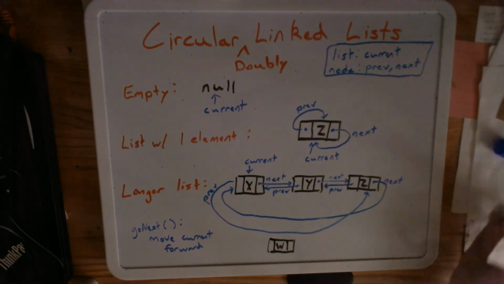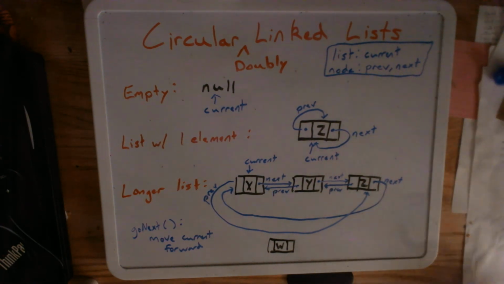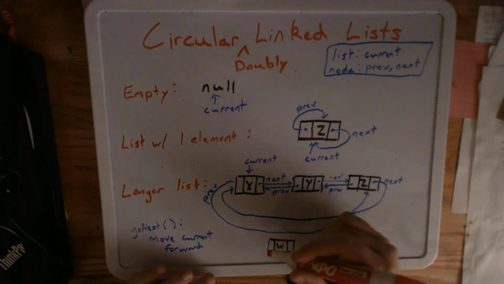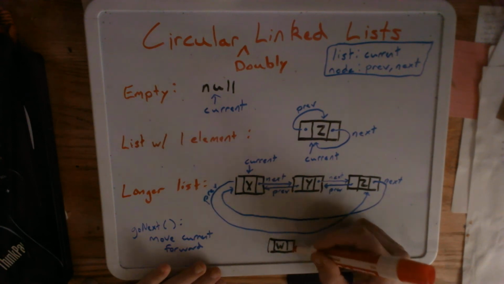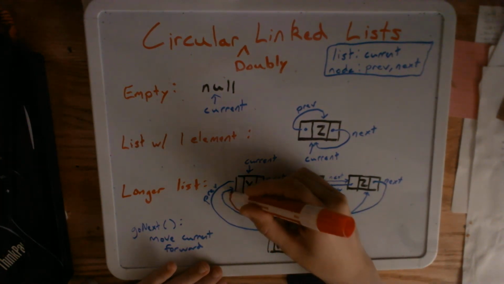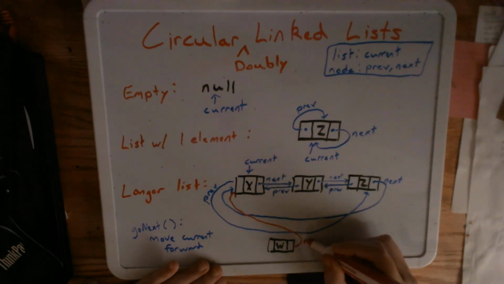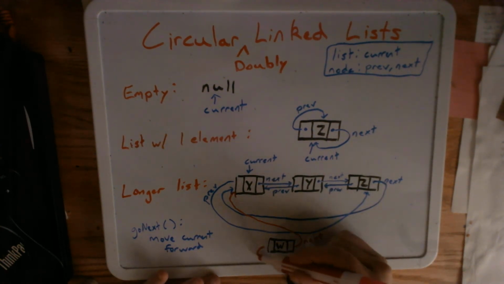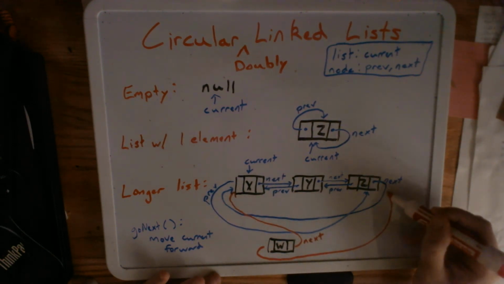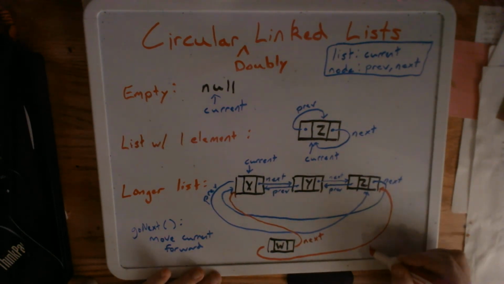Right, and I'm going to use different colors for this so we can see what's going on. W's next should be X, because we want to add it in before X, and its prev should be Z.